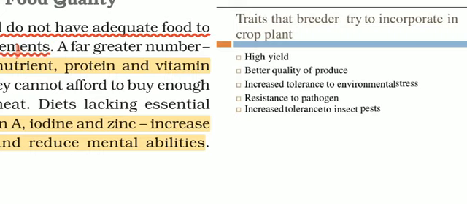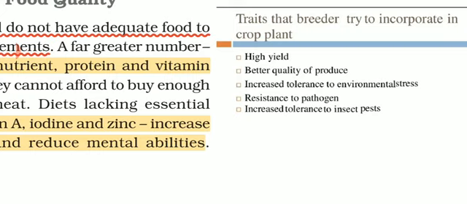Number fourth is resistance to pathogens. Pathogens are those microorganisms which cause infection either in plants or animals. In case of plants, there are several pests, insects, and microorganisms such as bacteria, fungus, protozoans, nematodes, which cause reduction in the yield as well as the quality of the crops.